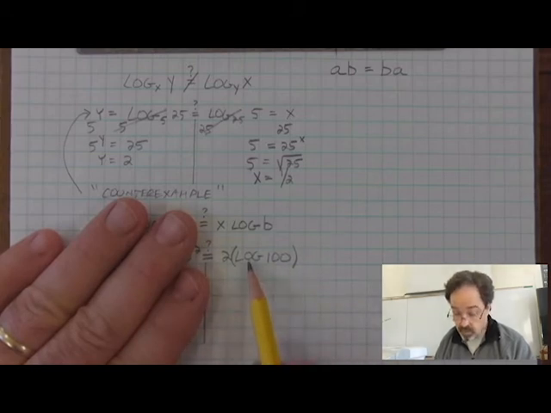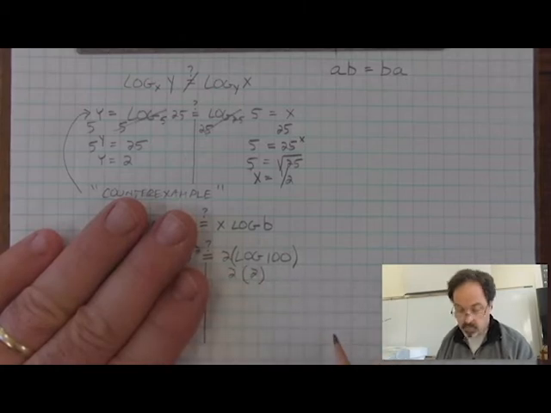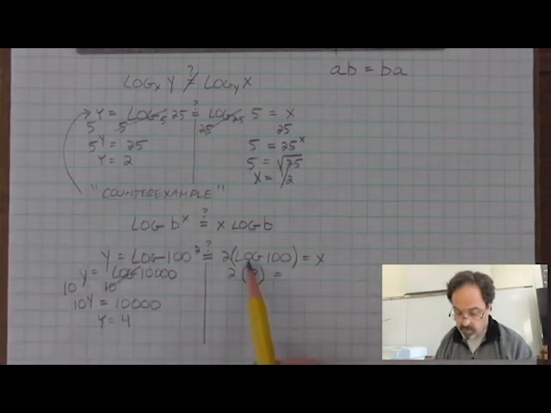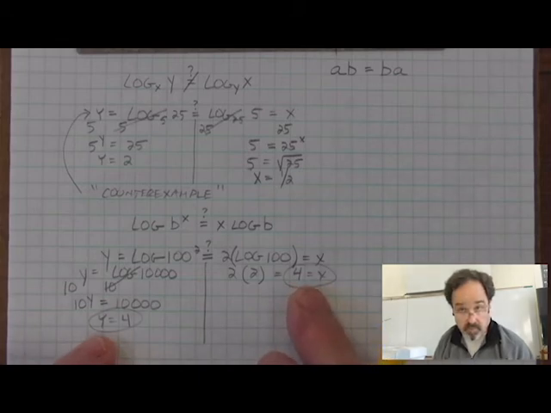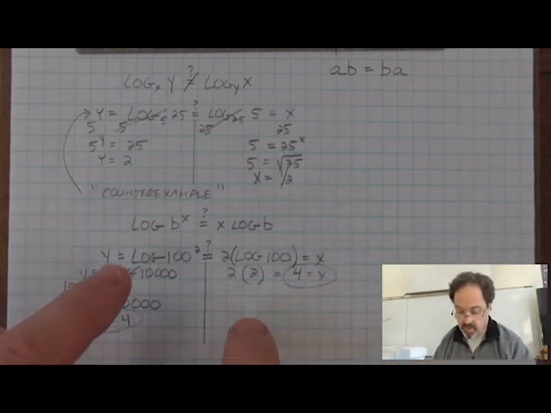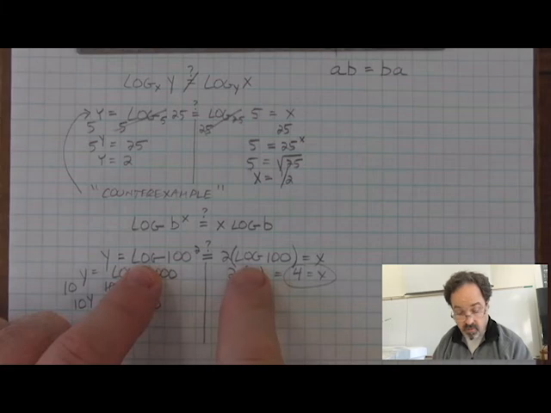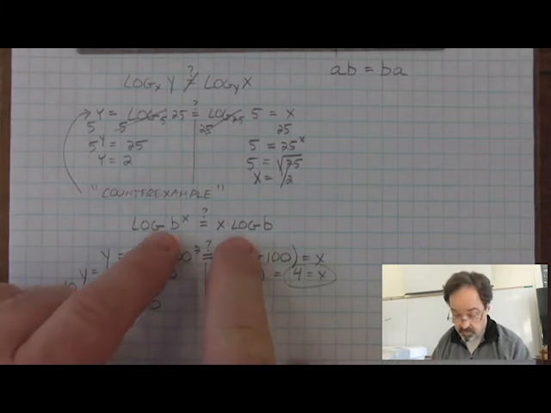So the log of 100 is 2. And in this case, I've evaluated log of 100, I multiply by the 2 out front, and we get 4. Let's compare. The two sides are the same value. It appears that this case of this property suggests that this property is working.